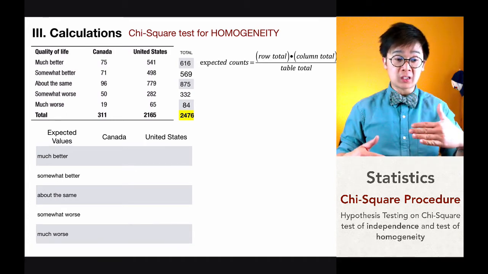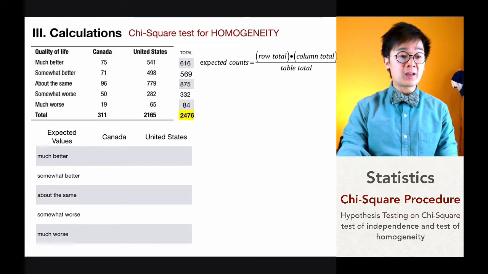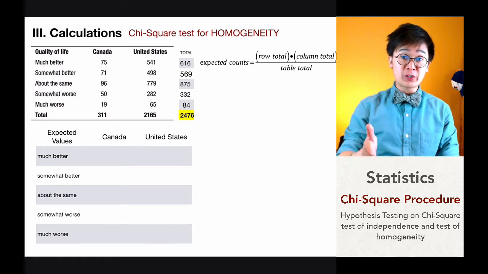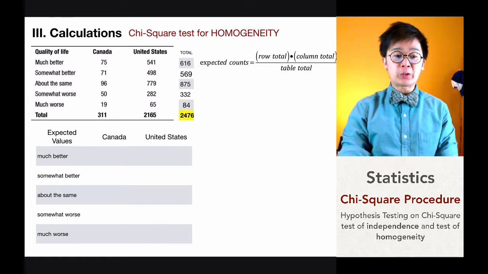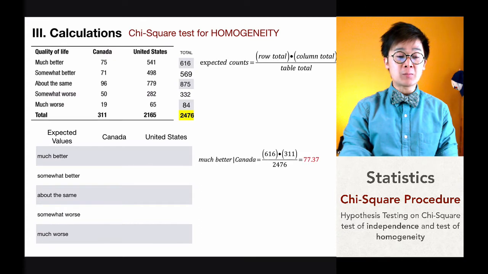We're going to start with the first category, which is much better, and compute the expected value for the first column, which is Canada. Using our formula, all we need to do is multiply 616, which is the row total of row 1, times 311, which is the column total of column 1, Canada, divided by the total of the table, which is 2,476.